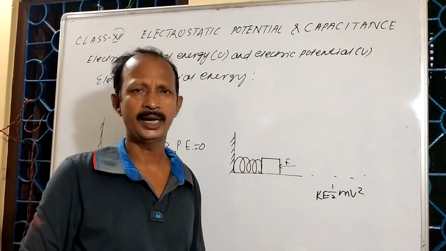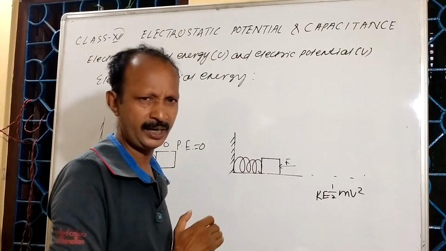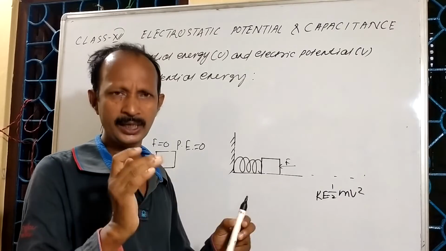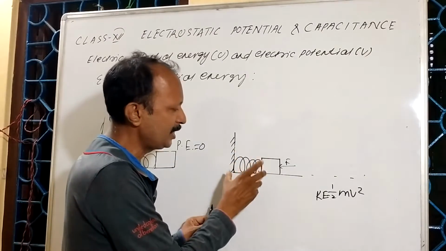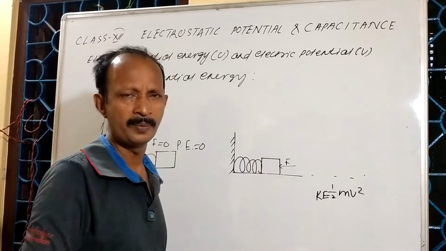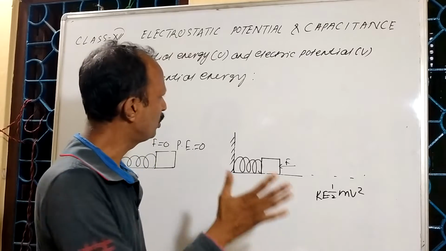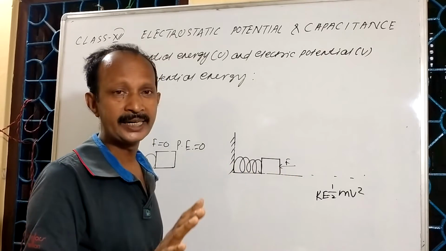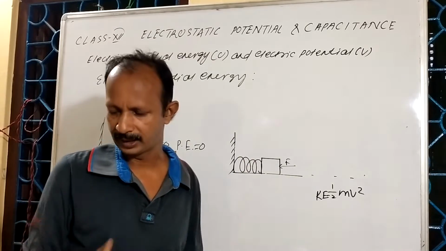The work that I did compressing the spring by applying an external force was stored in the form of potential energy. You can say that this is mechanical potential energy, which is also equal to electric potential energy, and I am going to prove it. Let us see.